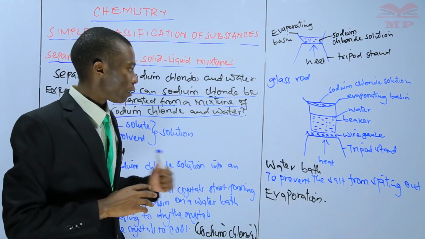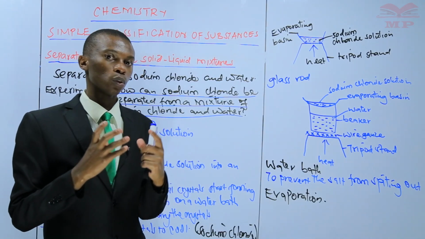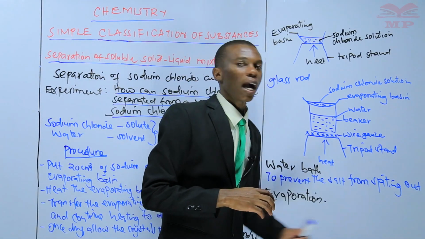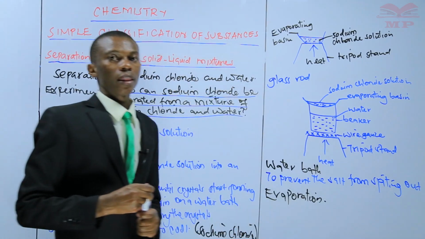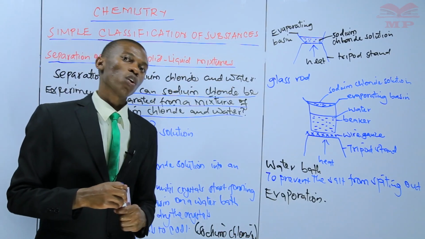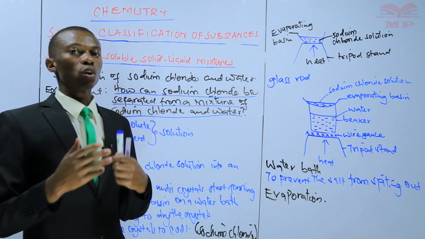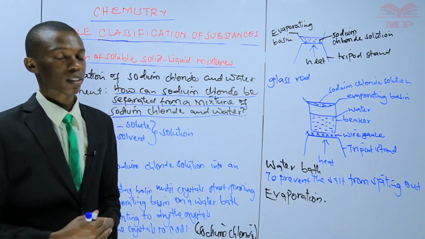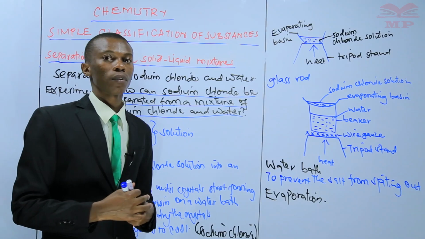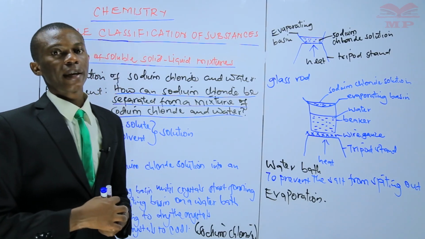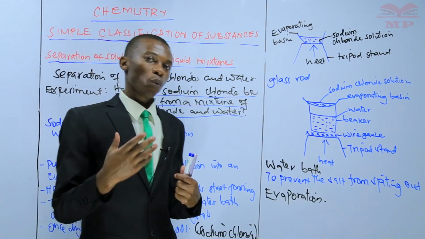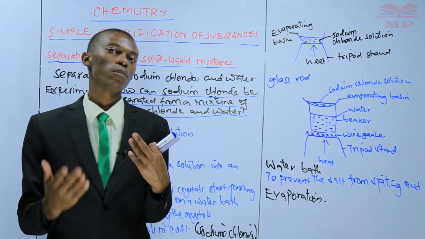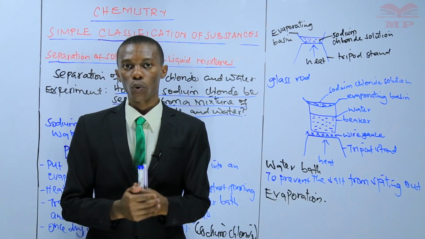The reason why you want it to evaporate slowly is to prevent the salt from spitting out of the evaporating basin in the course of the evaporation process. And that is how we are able to obtain sodium chloride from a mixture of sodium chloride and water.